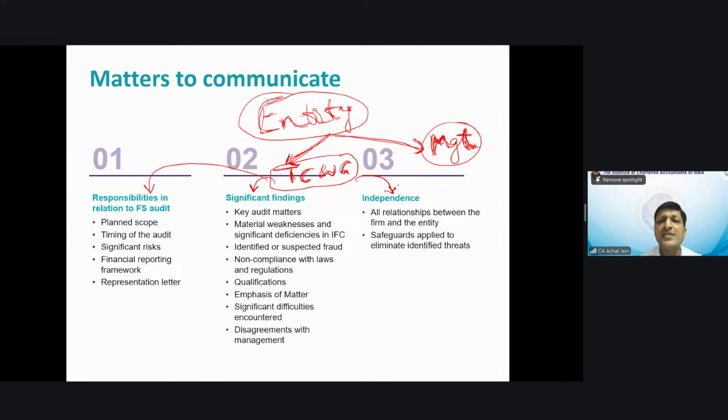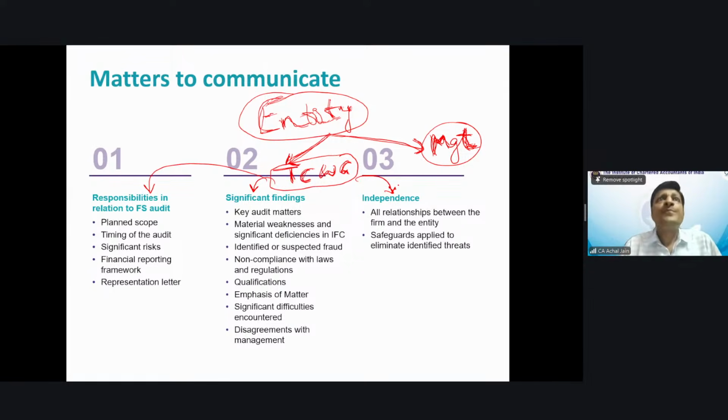What are the significant risk areas? Now, when you talk about significant risk areas, even though it's going to be entity specific, it will be on the basis of the judgment of the auditor. Yes or no? So that's why it's important for TCWG to understand: is there any area which should have been considered as significant risk by the auditor but may not have been? Or what are those areas which are a significant risk for this particular organization?